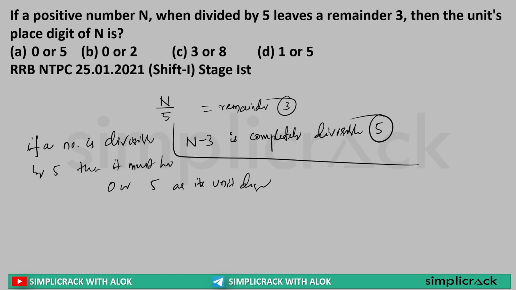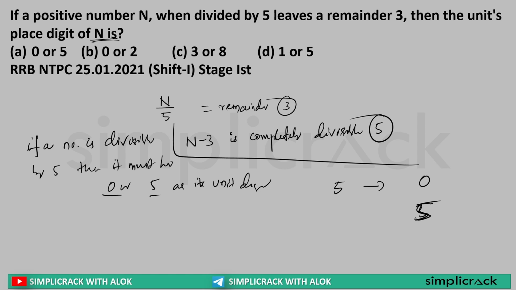Yes or no? This is what we learn from the divisibility formula of 5. Now, if 0 and 5 are the unit digits of any number divisible by 5, okay, but here n is the number which when divided by 5 leaves a remainder 3. So any number which is divisible by 5 will have 0 or 5 as the unit digit.